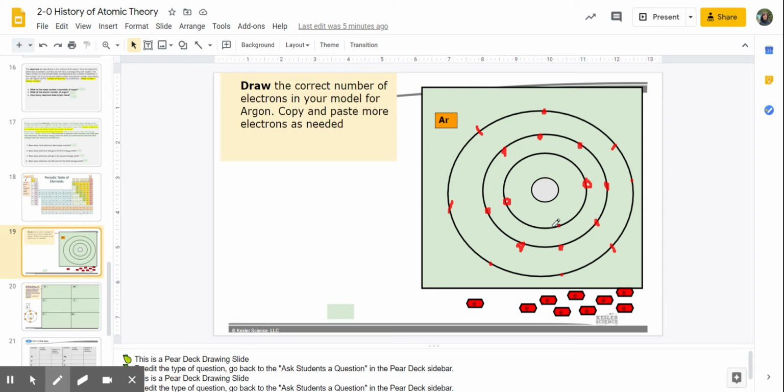So 2 in the first one, 8 in the second one, and 8 in the third one. So when you actually answer the questions, you're going to drag and drop those electrons and place them in the right circle. You're going to have to copy more of these electrons because I didn't give you all 18 of them. So make sure you copy and paste more.